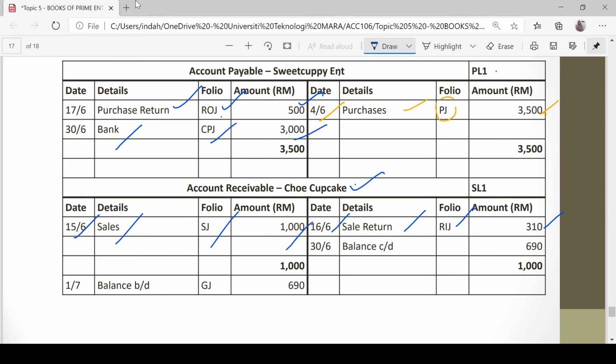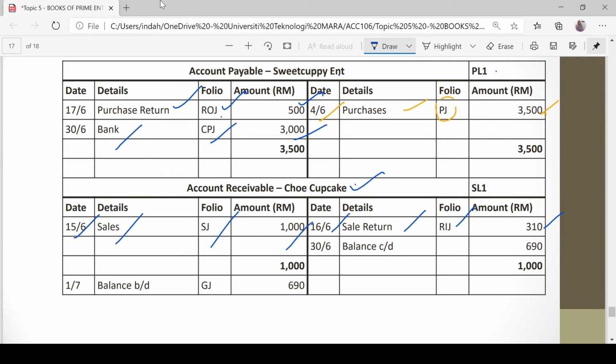You are no longer transferring items individually. For the purchase account, you transfer only the total cash purchase and total credit purchase. Similarly for the sales journal, total cash sales and total credit sales. We do not disclose the details in the ledger; we disclose the details in the journals.